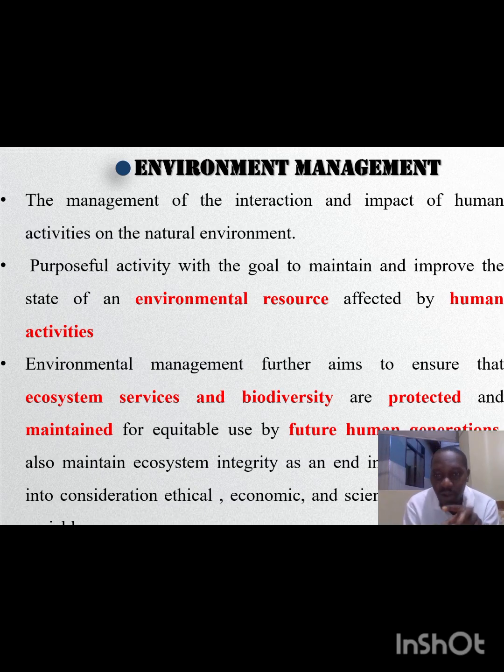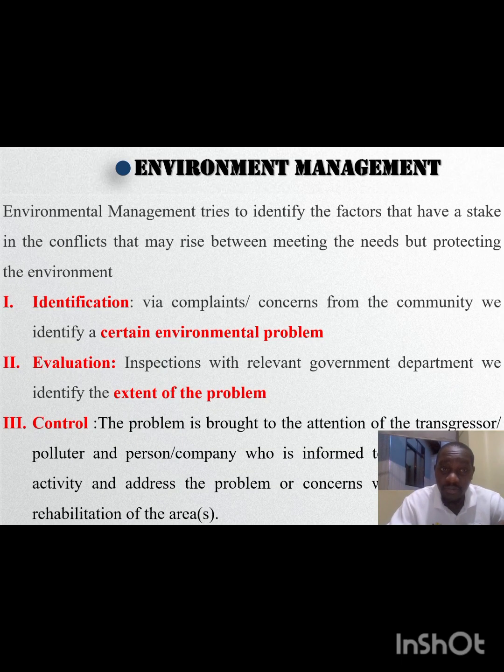I give you an example: if you kill all the snakes, the rats will be troublesome. The ecosystem services won't balance. There will be a problem. So I gave you those steps: identification of the problem, evaluation, and control. You understand? Hopefully, yes.